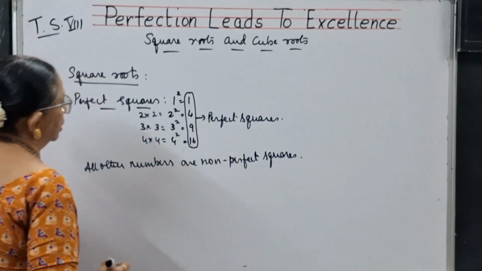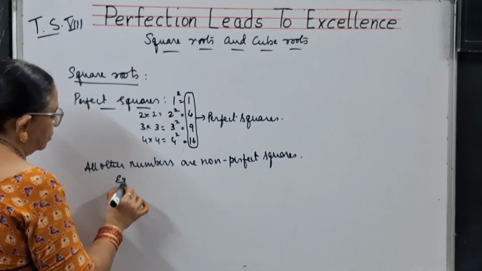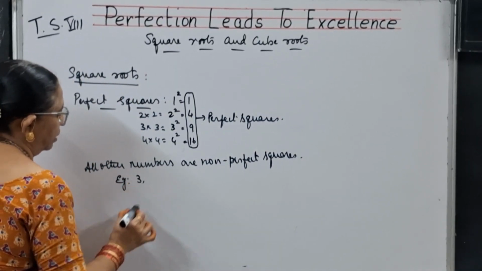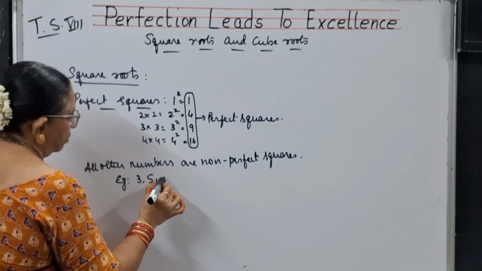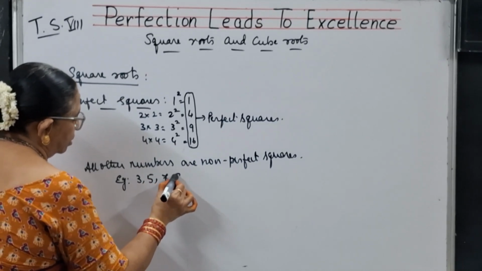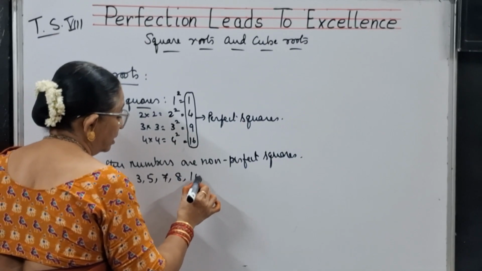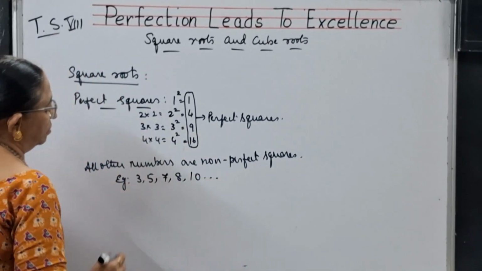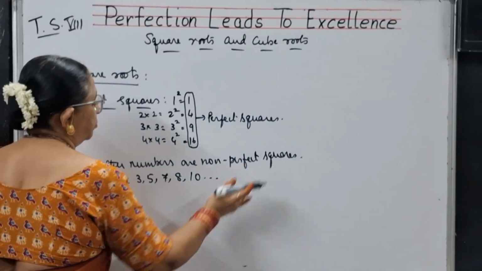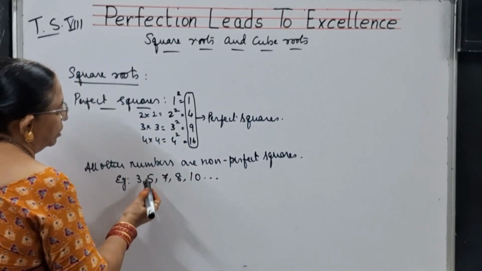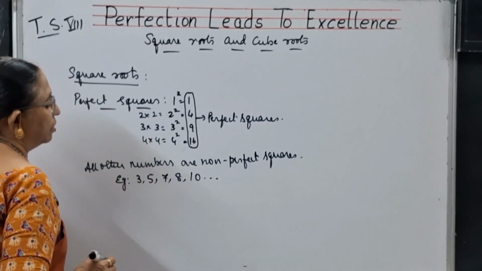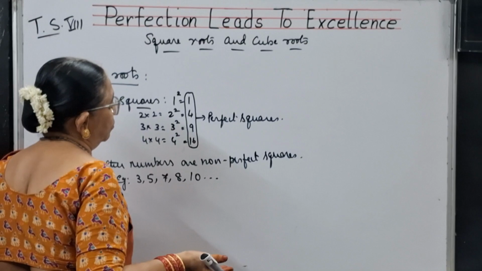As an example you can take 3, you can take 5, you can take 7, you can take 8, you can take 10, so on. These all are considered as non-perfect square numbers because you are getting these numbers by multiplying different values.